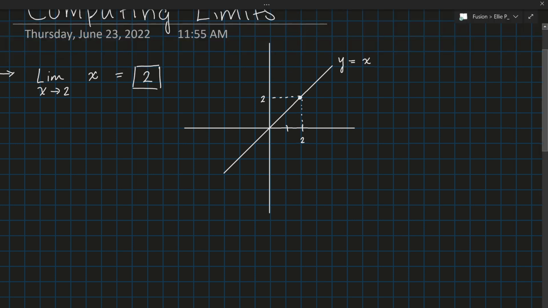So then it's true that the one-sided limit on the negative side and the one-sided limit on the positive side both approach 2, which, as we learned last time, means that the two-sided limit exists and it also approaches 2. Okay.